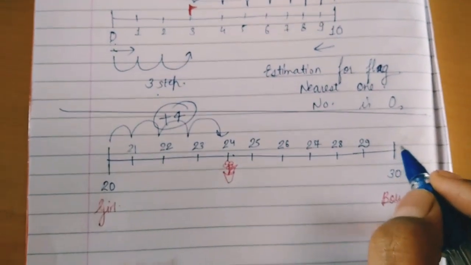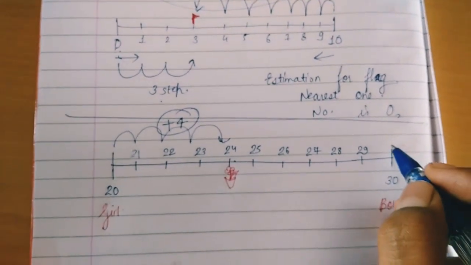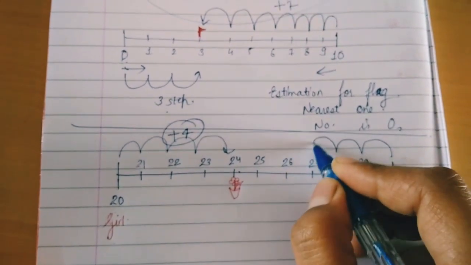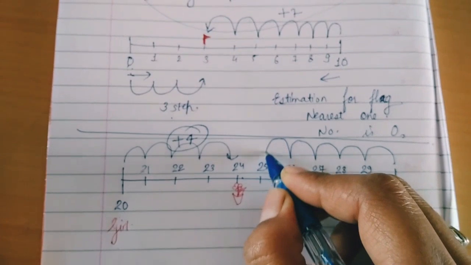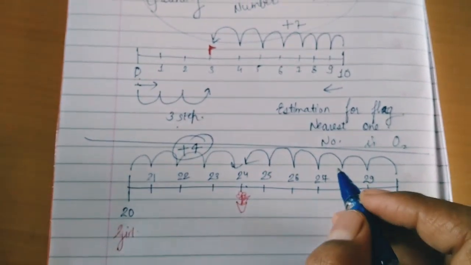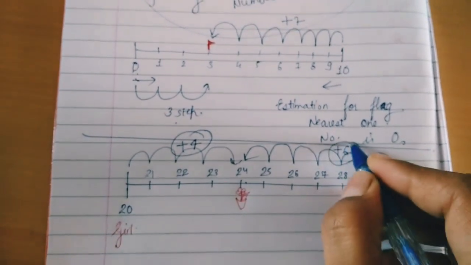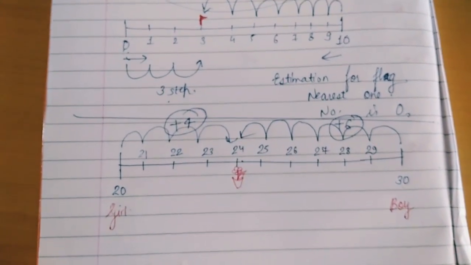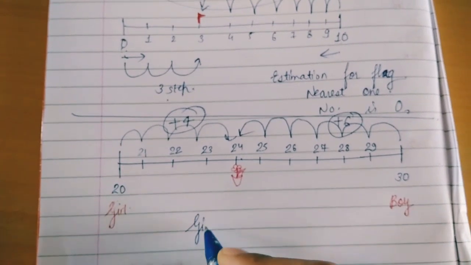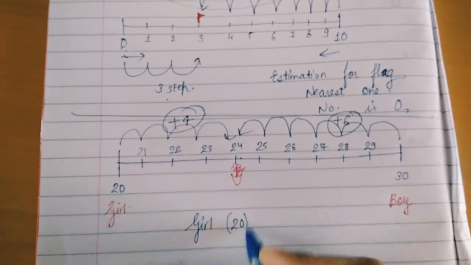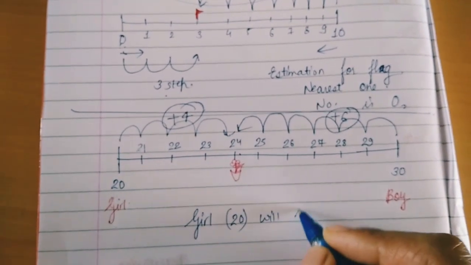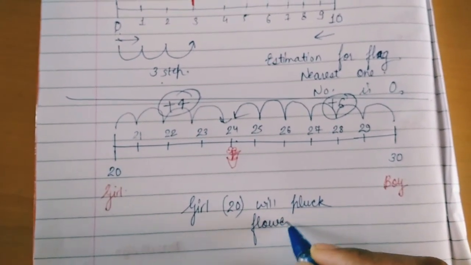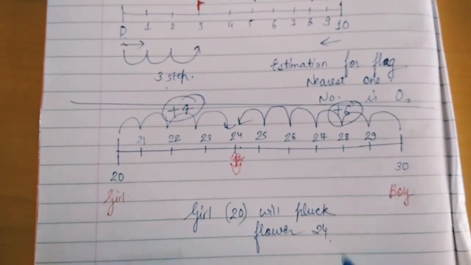But when the boy moves to pluck the flower, he will take 1, 2, 3, 4, 5, 6 steps. So the boy needs 6 steps and the girl needs 4 steps. So who will pluck the flower? Yes, the girl standing on point 20 will pluck the flower, and the flower pot is on point 24.